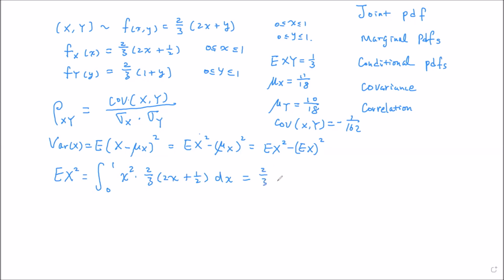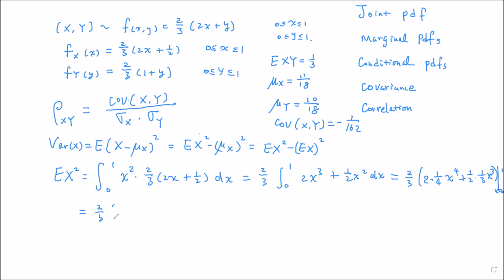Let's move out 2/3, and then you have the integral from 0 to 1 of 2x to the third plus half x squared dx, and you have the antiderivative: 2 times 1/4 times x to the fourth plus 1/2 times 1/3 x to the third, with x from 0 to 1.